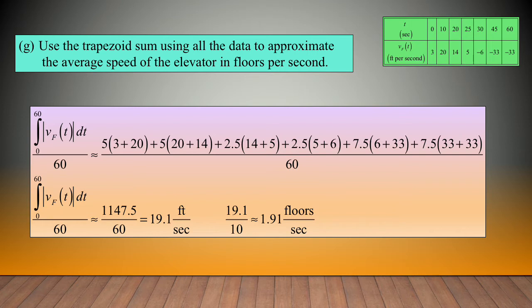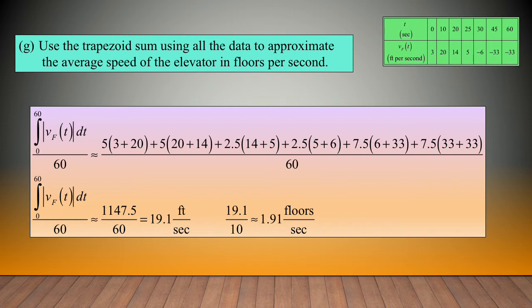So in calculating the average speed, we must look at the integral from 0 to 60 of the absolute value of v sub f of t dt all over 60. And when we use our values, we will therefore only use positive values.